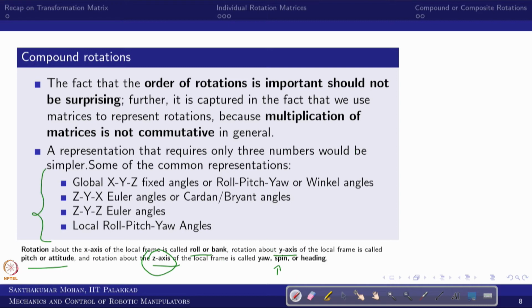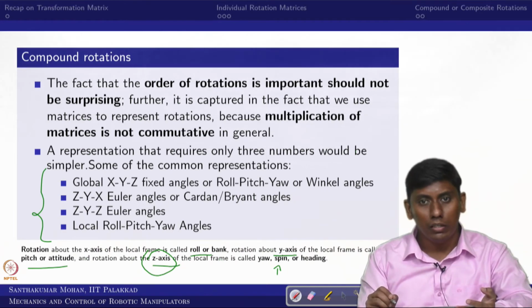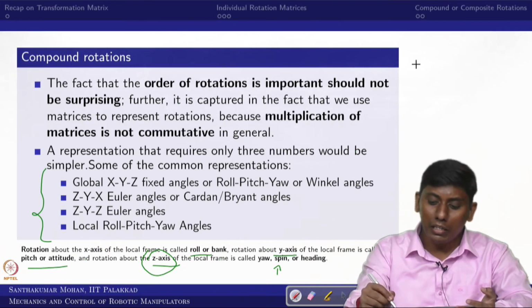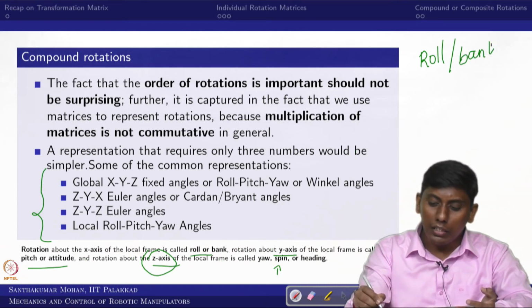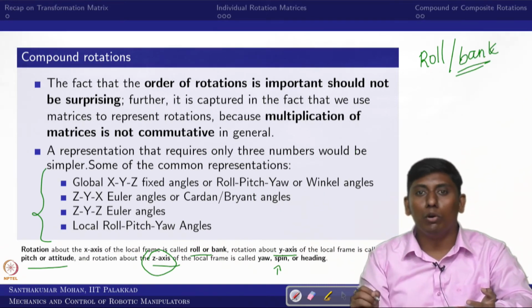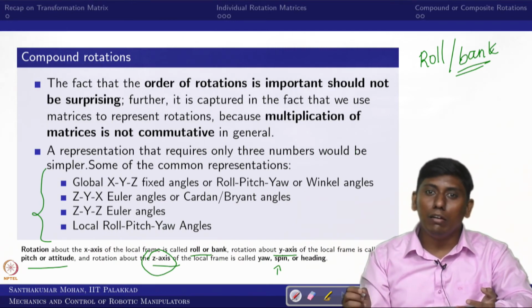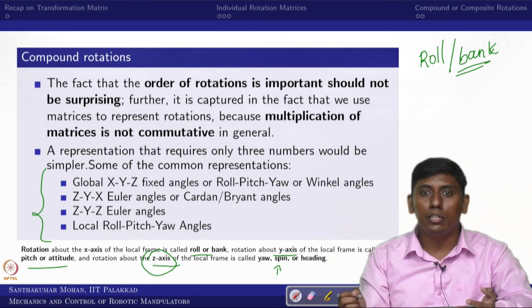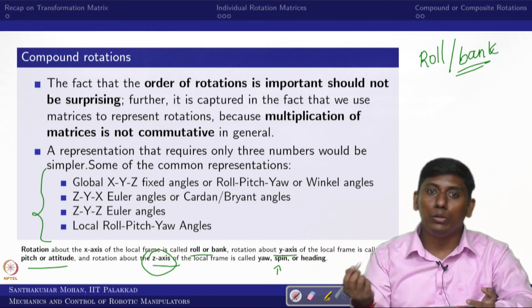There are several representations, so how can we bring all of these into one picture? Several keywords are commonly used, such as roll or bank. If you watch an aerial vehicle based Hollywood movie, they say that I am banking, in the sense that they are rolling. Similarly, people call it attitude control.